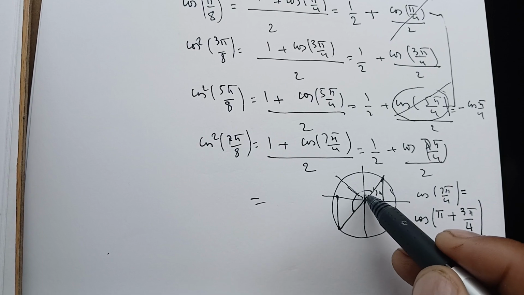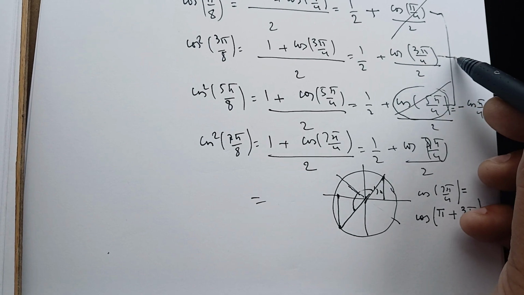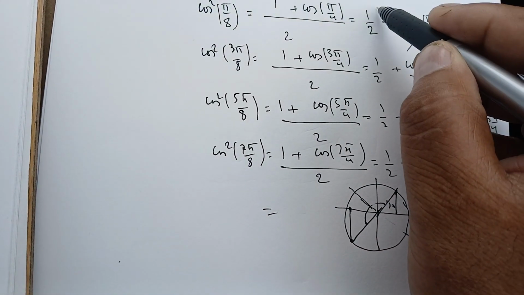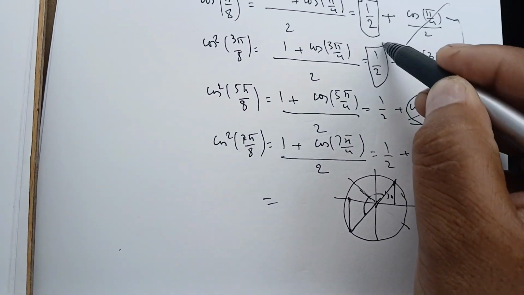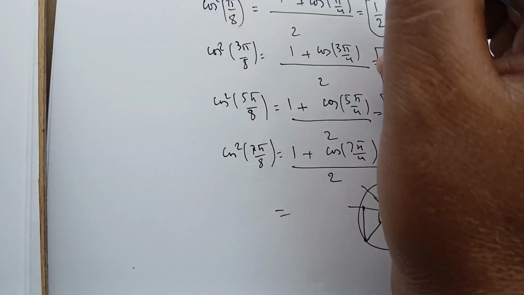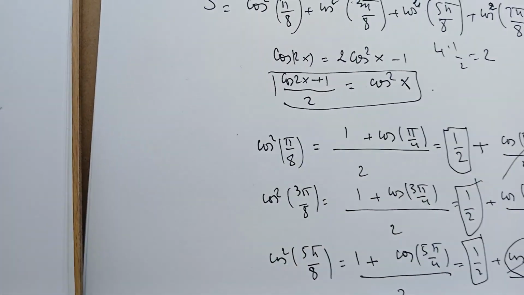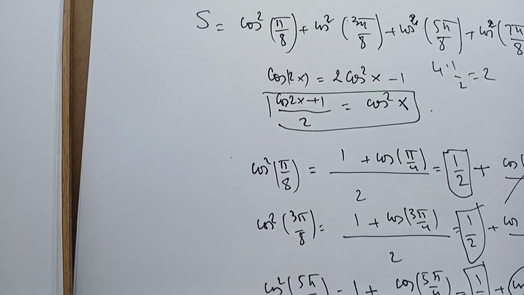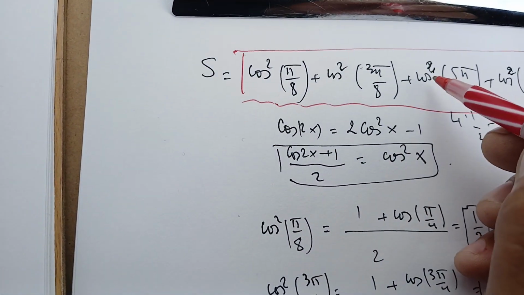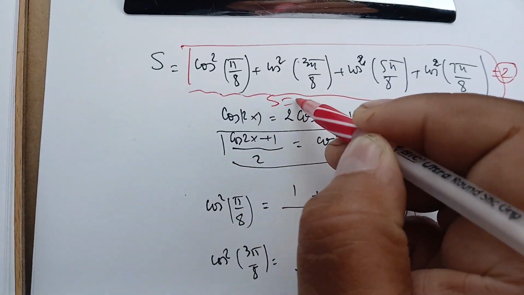When we take the angle, it's going to be negative. Therefore, these ones are the opposite of each other. Therefore, all we are left with is 1/2 plus 1/2 plus 1/2 plus 1/2, 4 times. That means our value is just 4 times 1/2, which is 2. This shows that this sum here is just 2. This sum is equal to 2.